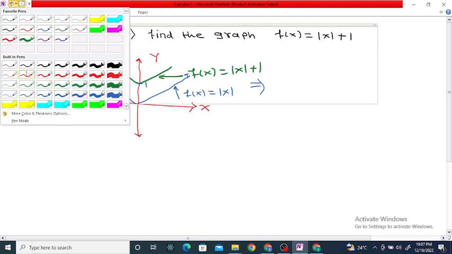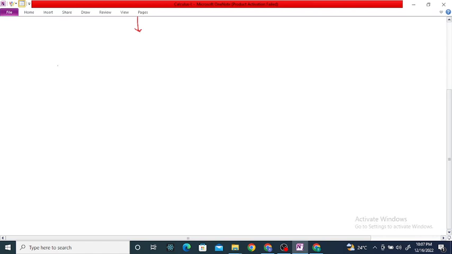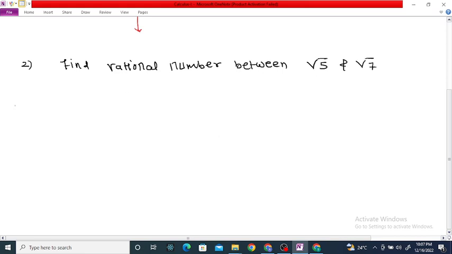Now the next example, example number 2, find a rational number between √5 and √7. So consider the inequality m² × 5 < n² < 7 × m², using the density theorem.